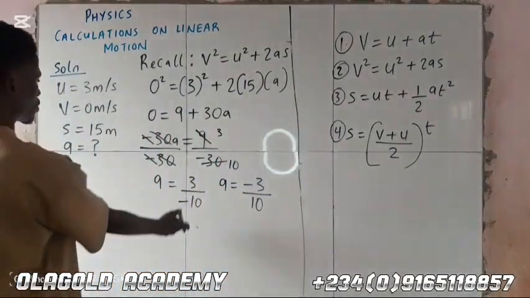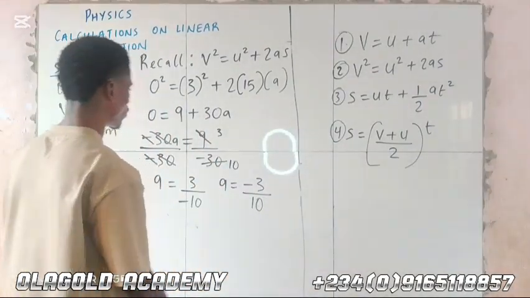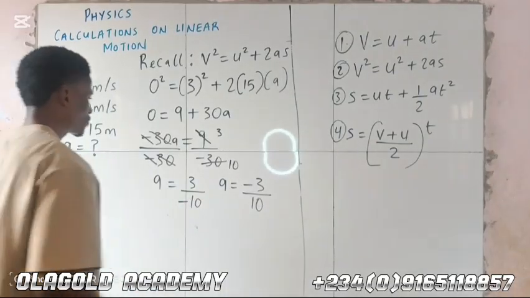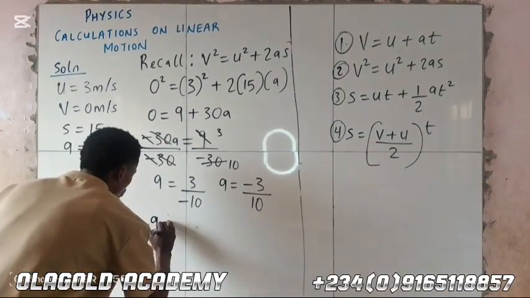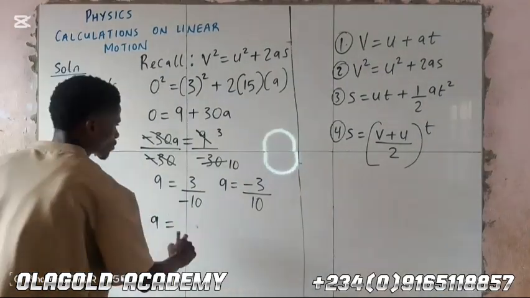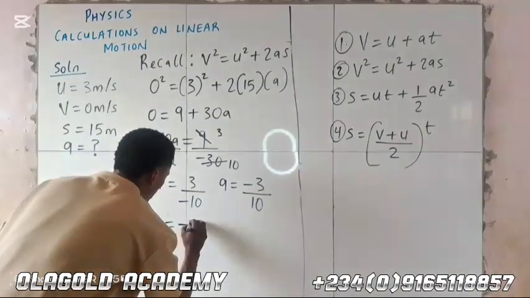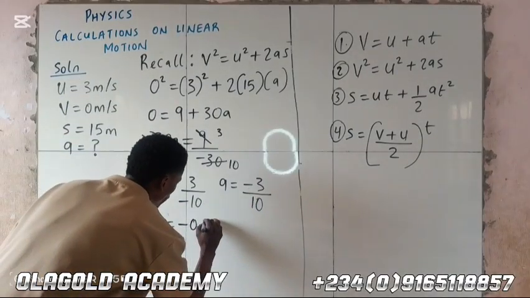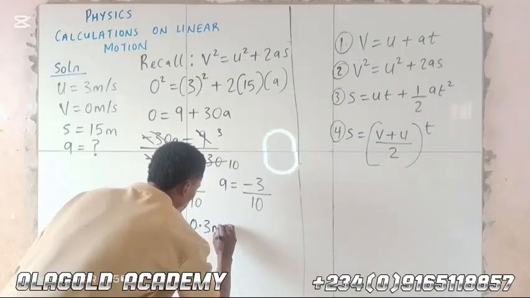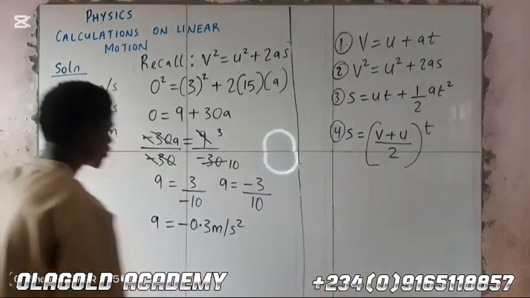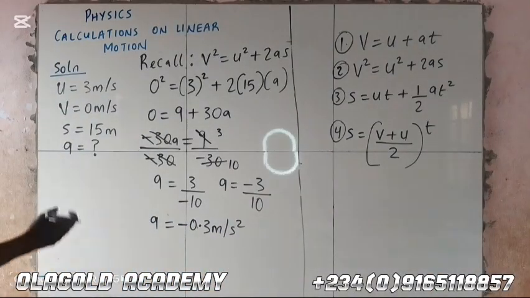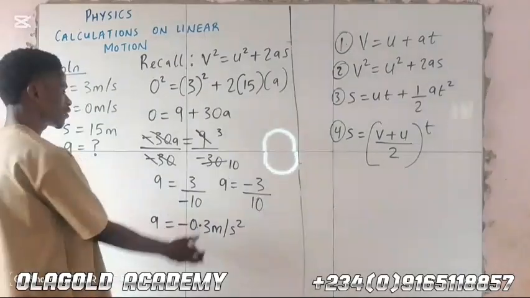Whether it is like this or like this, I'm still correct. So my final answer, acceleration equals, if I divide this, minus 0.3 meter per second squared. I will have this as my final answer.